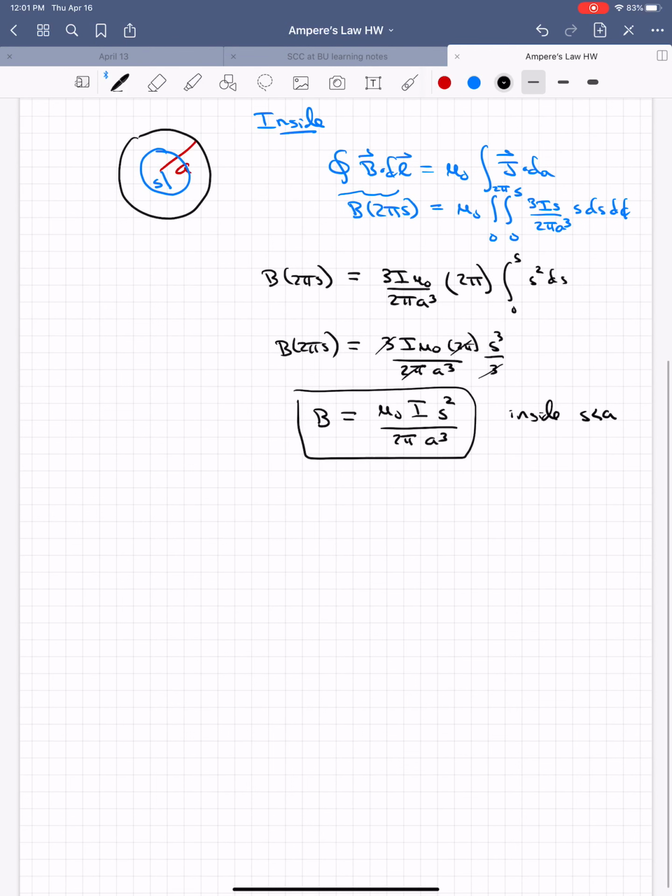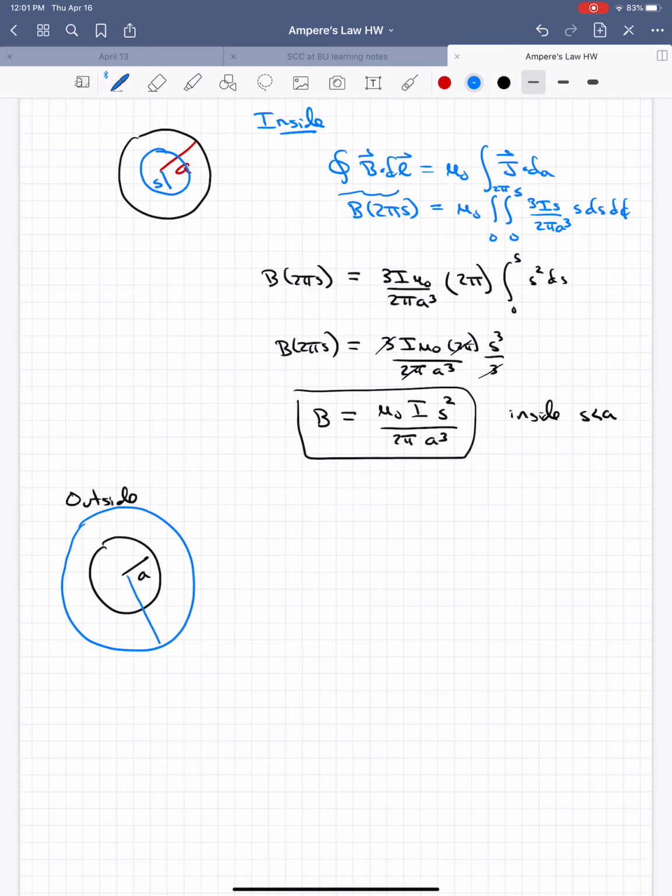Now if I go to the outside, again I draw my wire, and my wire has a radius of a. I'm going to draw my Amperian loop outside the wire, and these are both circular, a circular loop and a circular cross-sectional wire.